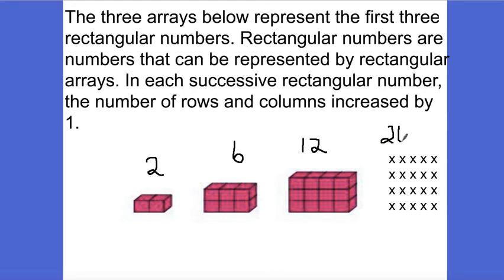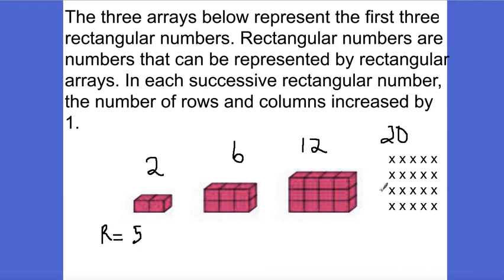So you could come up with the next rectangular number by making up the next array. So the next array, you'd have to say, well, my next array is going to have how many rows? Well, this has 4 rows, so the next one will have 5 rows.